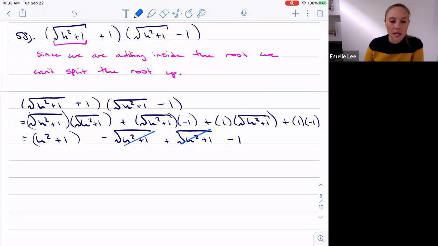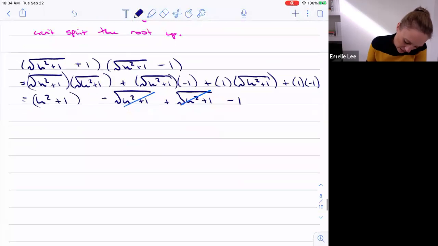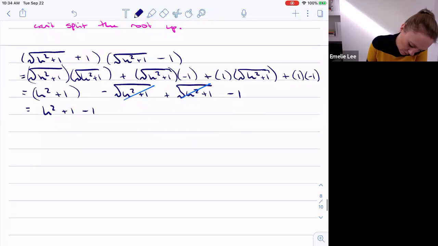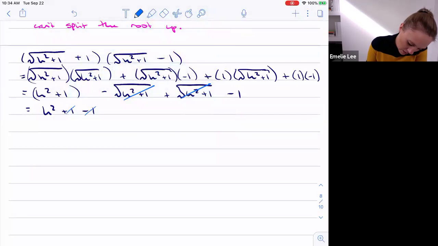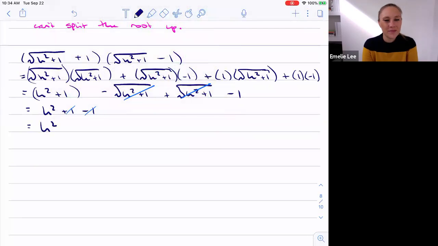These two things are going to cancel, right? Negative root x plus root x, if it's the same thing inside, then it just goes to 0. So now I've got h squared plus 1 minus 1. Well, that's also going to cancel. All I've got is h squared. And that's okay. That's correct.